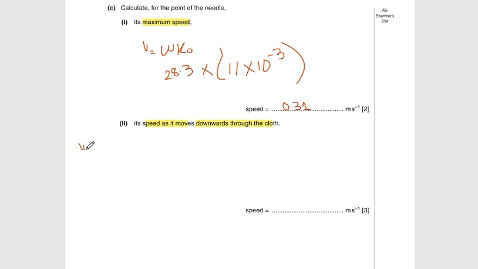I can use V equals omega x naught cos omega t, or I can have V equals plus minus omega square root of x naught square minus x square.